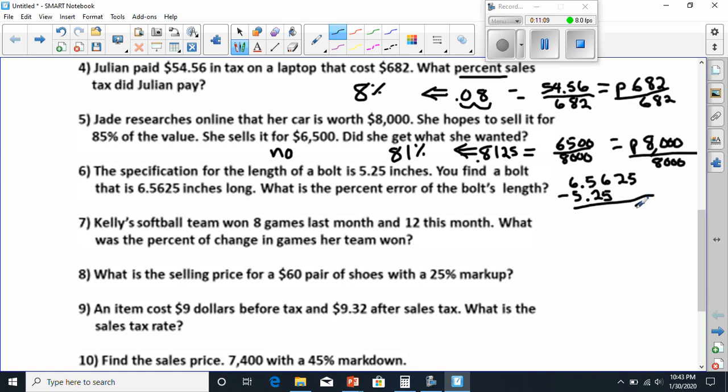We do this, and we see we have 1.3125. And now we have to divide that by the original number, right? Remember, it's big number minus small number divided by the original number. Well, the original number was the specification for the boat. So we're going to take that number and divide it by 5.25.